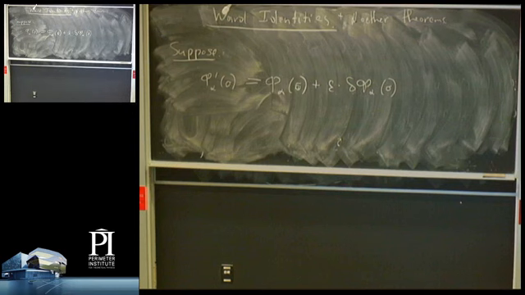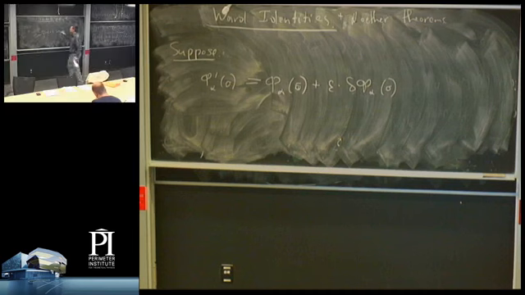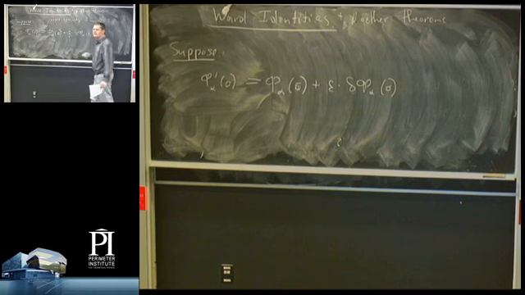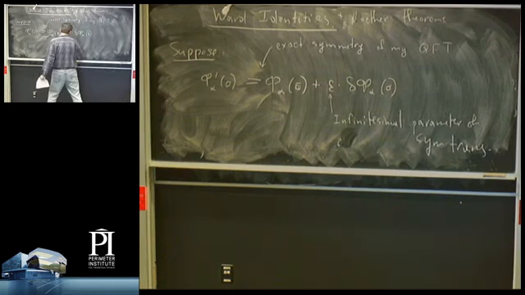So I'm going to assume that this transformation is my exact symmetry. Exact symmetry of my quantum field theory. So this epsilon is the infinitesimal parameter of the symmetry transformation, right? So infinitesimal.